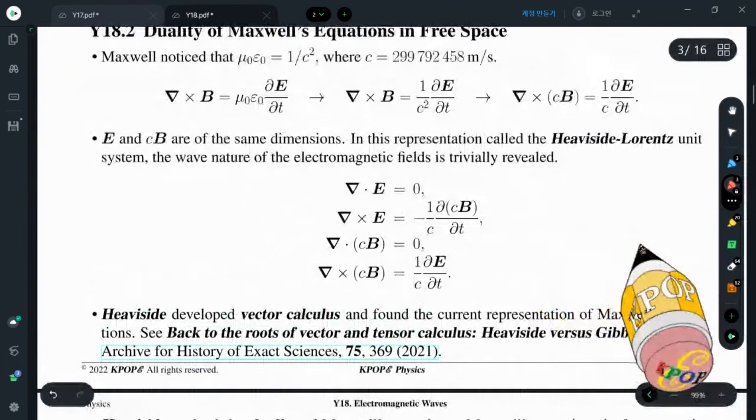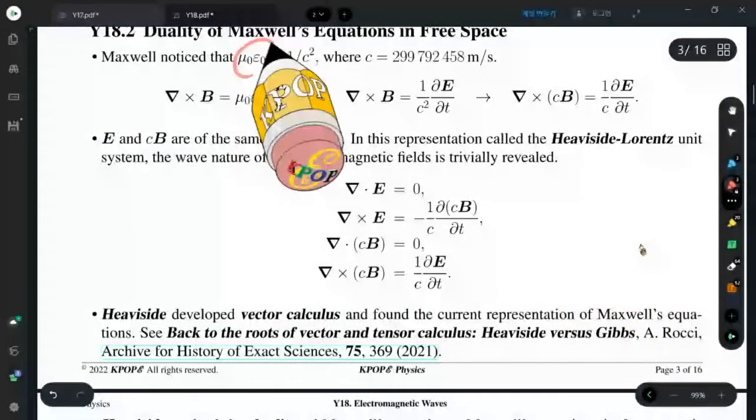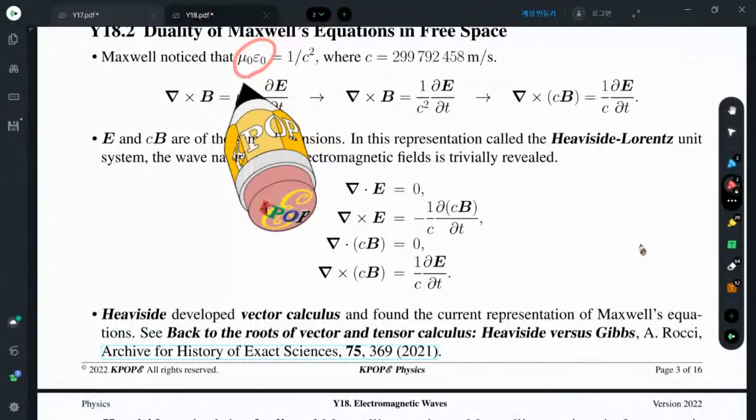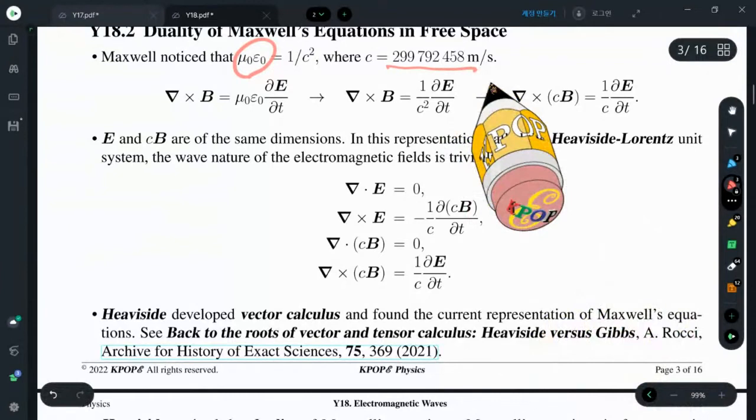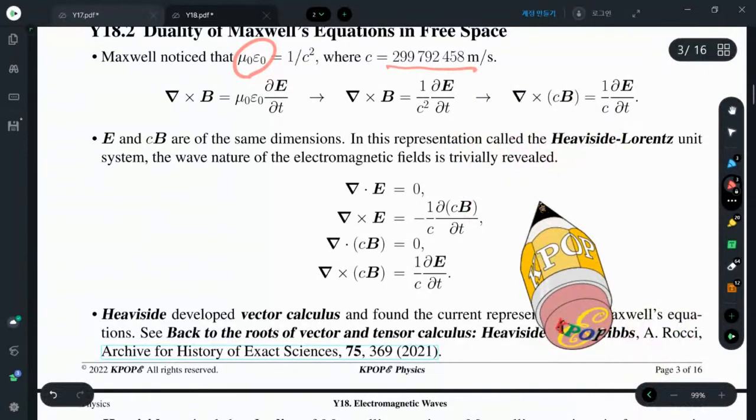First, Maxwell noticed the product of permeability constant and permittivity constant is 1 over c squared, and c is now determined to be 299,792,458 meters per second, and this is exact. It does not change at all in free space.